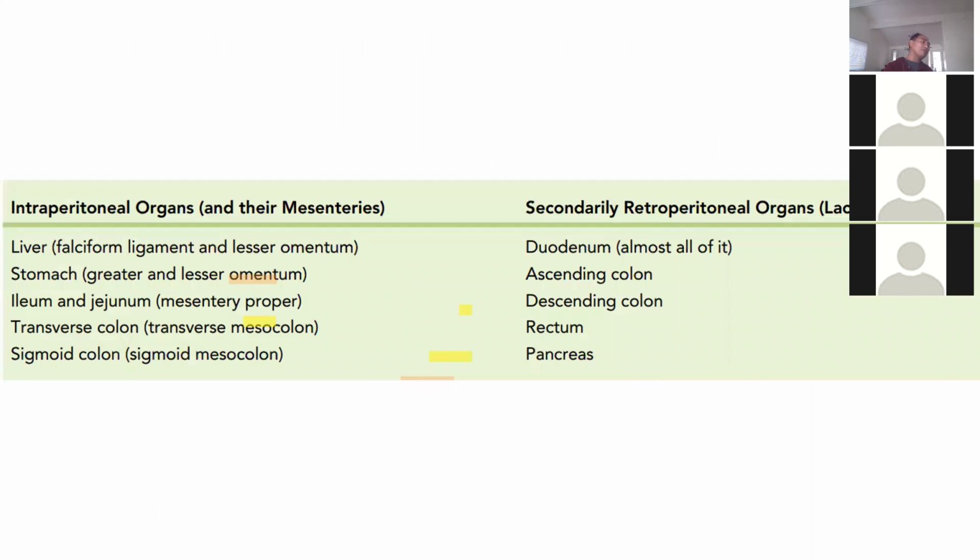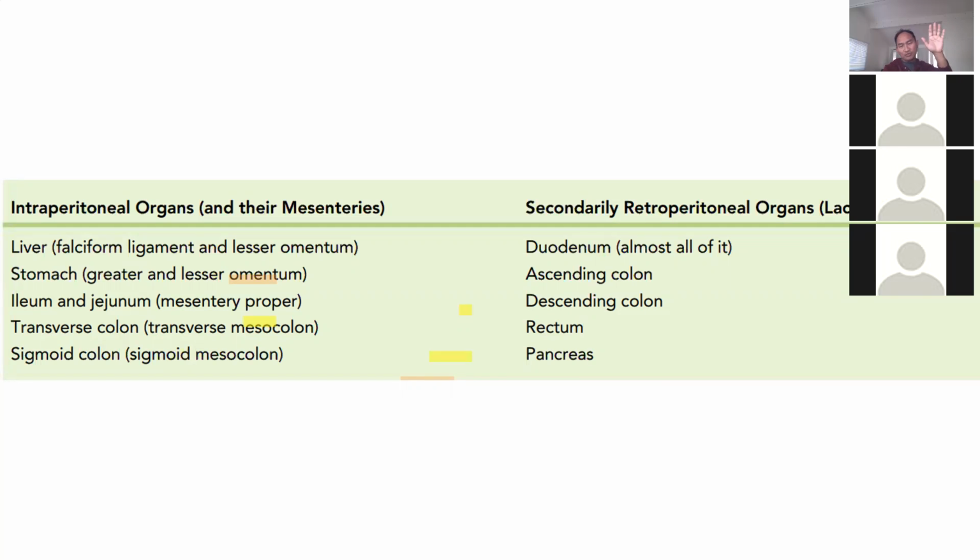And again, because we talk about the peritoneum, there are intraperitoneal organs and those organs in the abdomen which are stuck to the posterior abdominal wall, which are retroperitoneal organs. I want you to remember that the duodenum is stuck to the posterior abdominal wall.